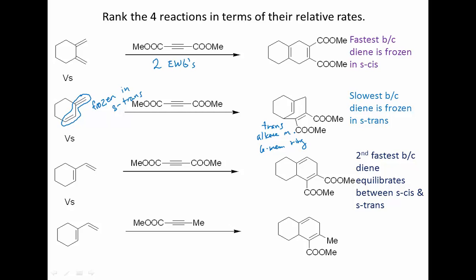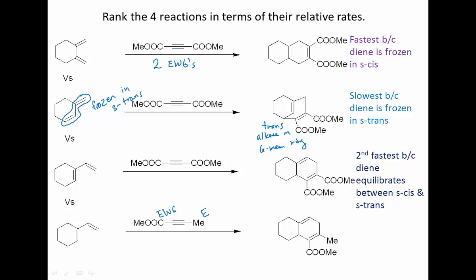It's the second fastest because this diene is going to equilibrate between S-cis and S-trans. S-cis is attainable, but it's probably not the major conformation, but it's not excessively hindered or anything like that. Okay, all right, and in the last one, we're going to rank it not quite as fast as the one above it because it's only got 1 electron withdrawing group.